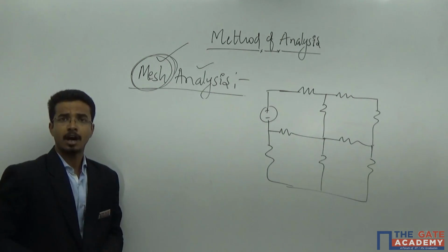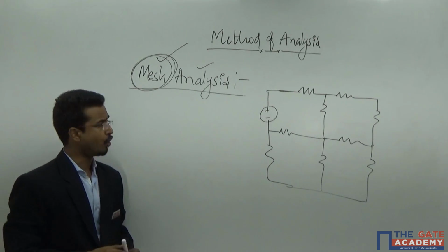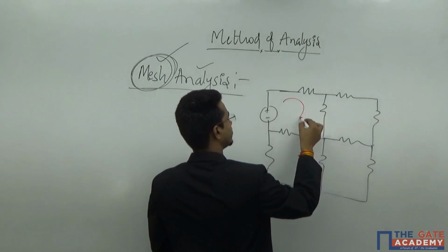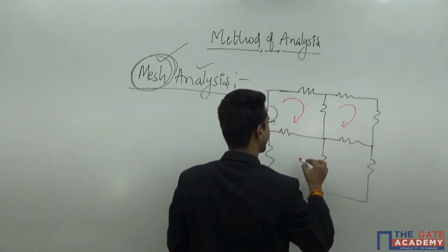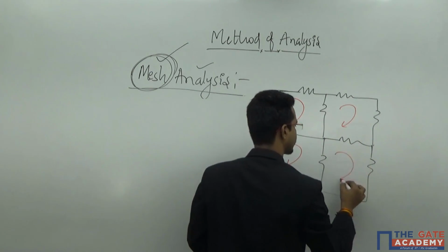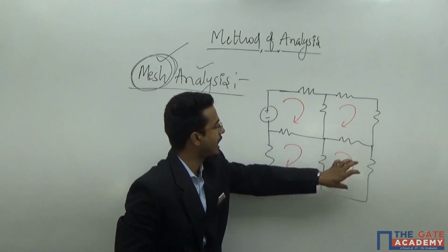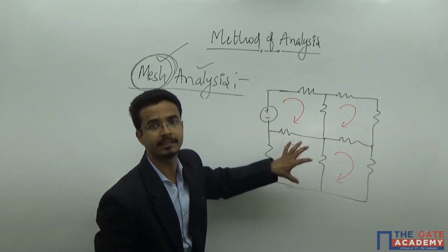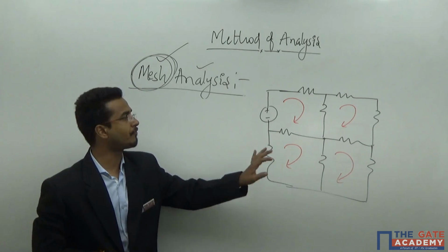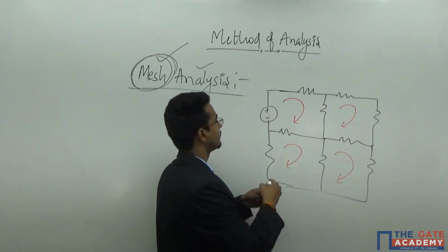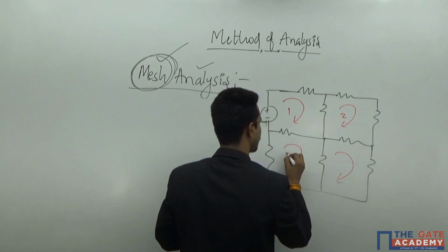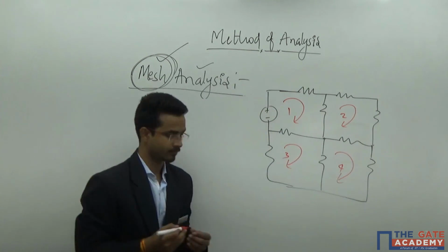Now, how many meshes are here? You will get only 4 meshes. This is the first, this is the second, this is the third, and this is the fourth. That means these are loops which will not consist any loop inside them. That means you have the first 4 meshes: 1, 2, 3 and 4.